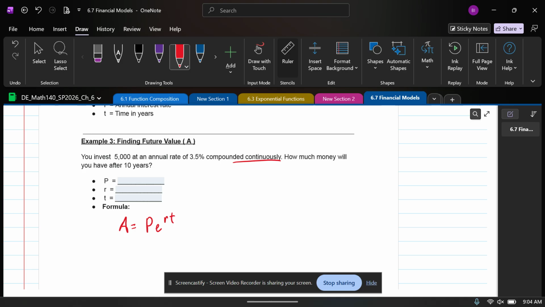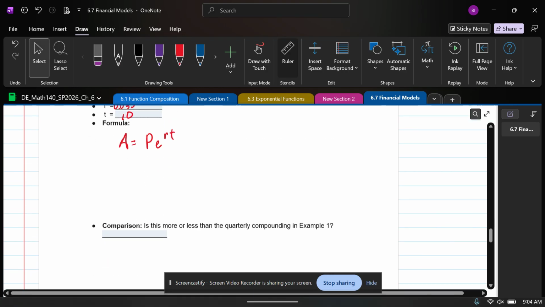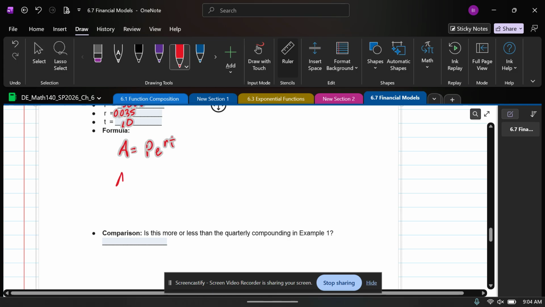They want to know with continuous interest, how much will you have after 10 years? Okay. So our principal here is 5,000. Our rate is 3.5%, so that's 0.035. Our time is 10 years. Okay, so we're going to plug that in.